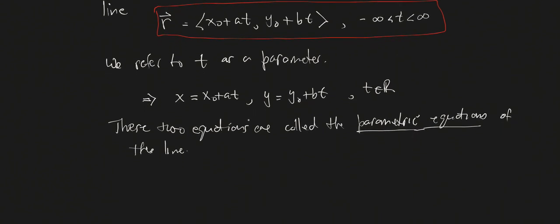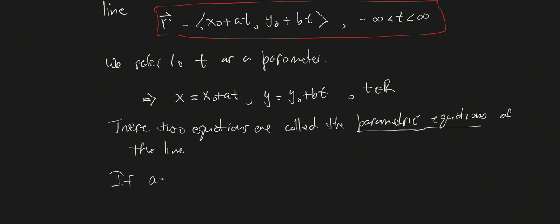Now, there's one other form that we can get out of this. Now, each equation here so far has a letter. The only thing that they have in common, these two equations, is the letter t, the parameter, right? Now, if a and b are not both equal to 0, this is what we can do.